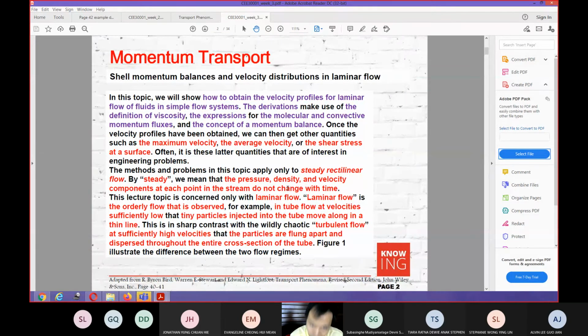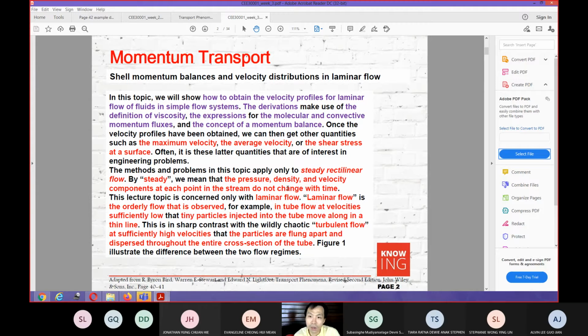So all those concepts that we have described just now, we want to show how to apply those concepts to obtain the velocity profiles for the laminar flow of fluid in simple flow systems. For the momentum transport in here, we will give you 4 simple systems to show a gradual increase in the concepts: the role of the pressure, the viscous forces and the gravity forces, and then the application into different coordinates.